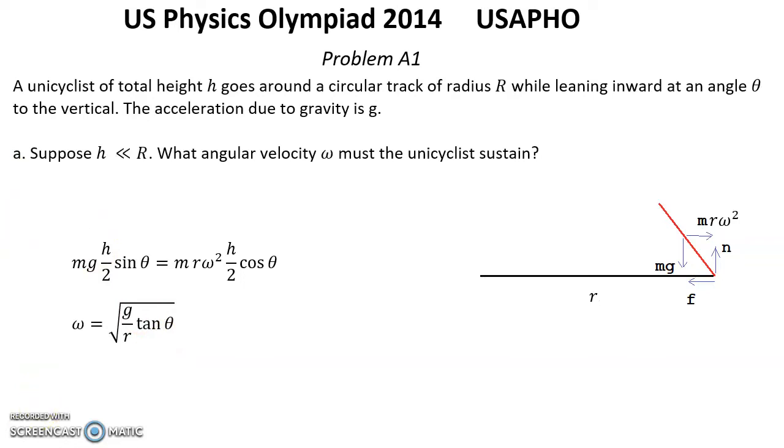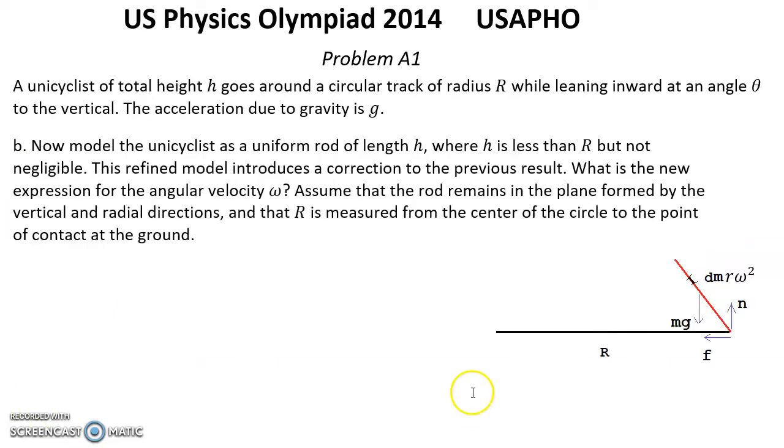Let's do question B. Now, because we cannot neglect the height h of this unicyclist, we have to split him into little masses dm, and to find the total torque we need to do an integral. Now the total torque created by the centrifugal force will be this one.